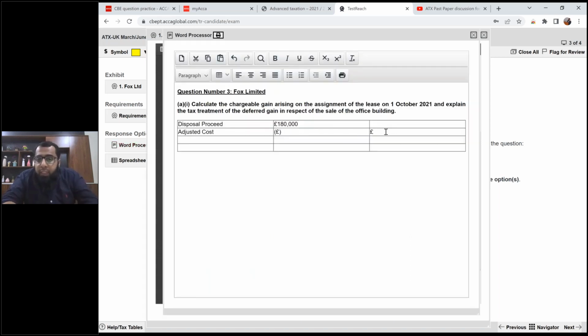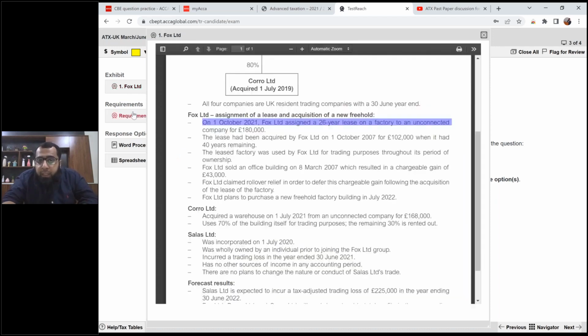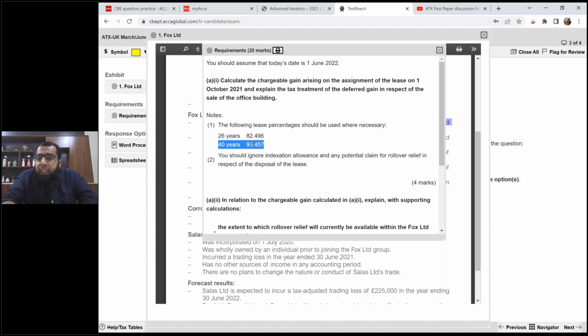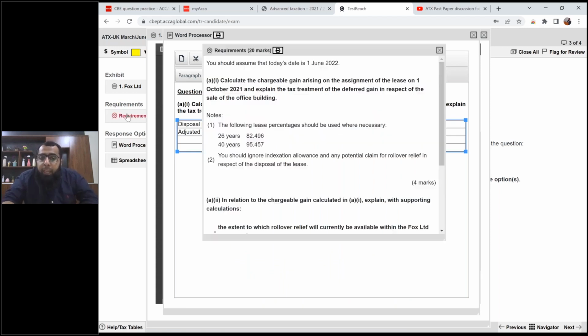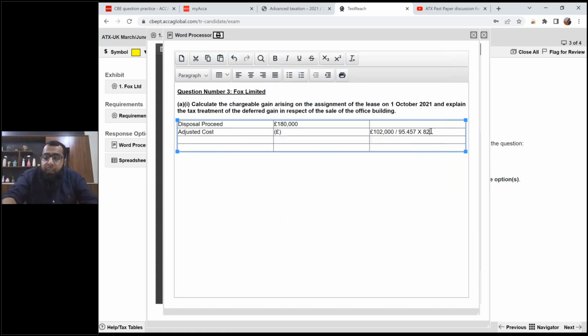So, 102,000 divided by 95.457, the 40 years percentage given here, multiplied by 82.496%, the 26 years percentage, so that we get like with like.